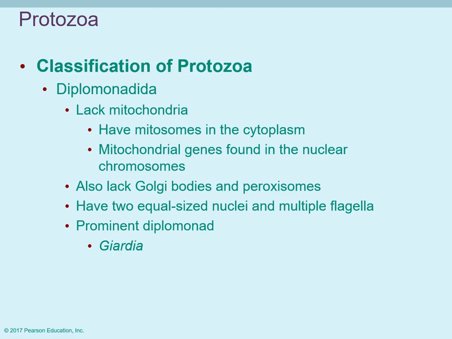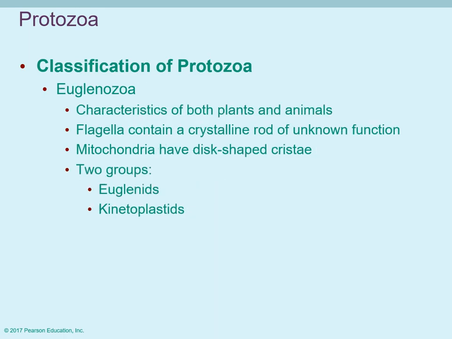Diplomonadia also lack mitochondria. They're also going to lack Golgi bodies and peroxisomes, so you can see they're very simple in their structure. One of the most prominent ones that, from a health standpoint, is pathogenic is Giardia.